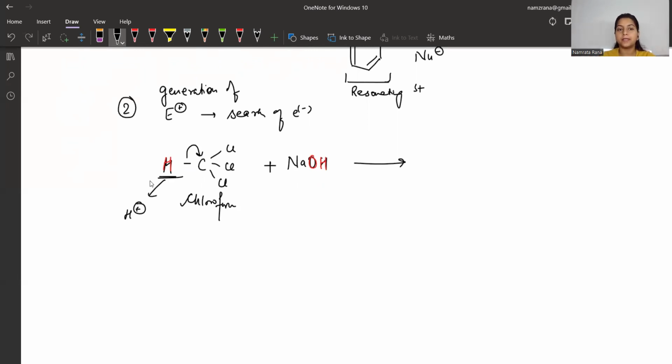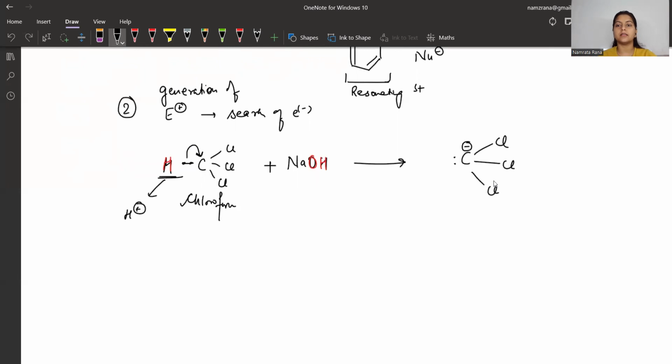So these electrons must be shifted towards this carbon atom. So we'll be getting a species like this: Cl, Cl and Cl as it is.